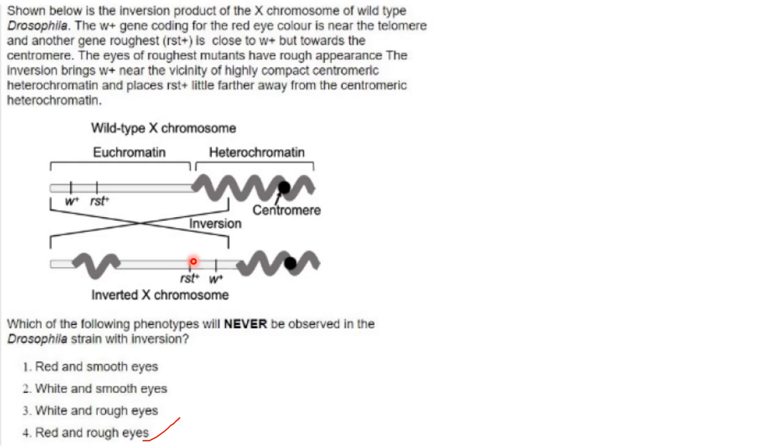That cannot be possible, because if this is getting expressed even though near to the heterochromatin, and this is getting mutated because it is further away from heterochromatin, that is not possible. So red and rough eyes is the answer.